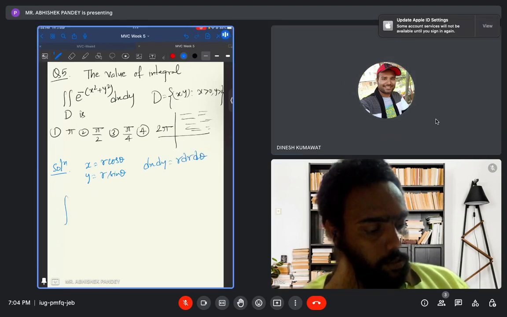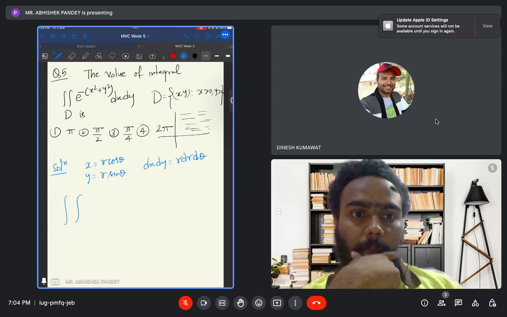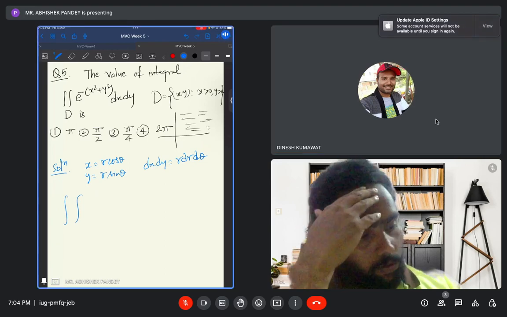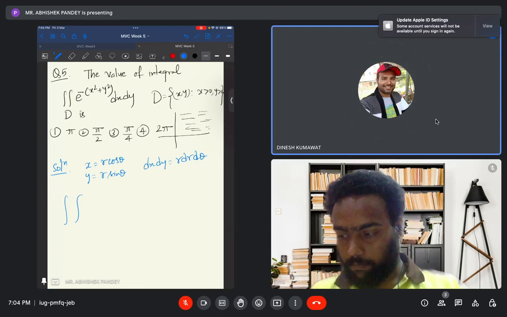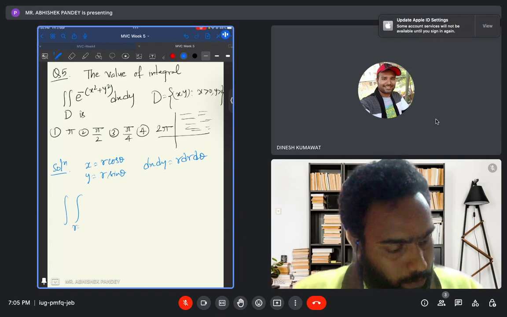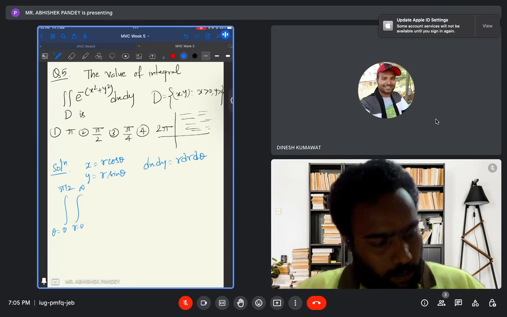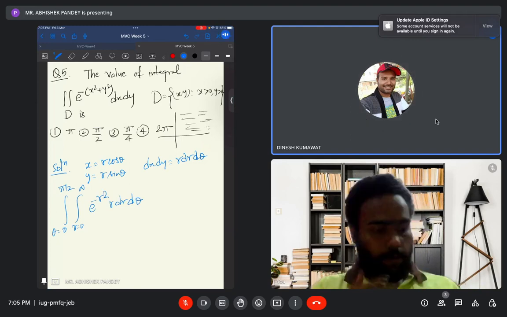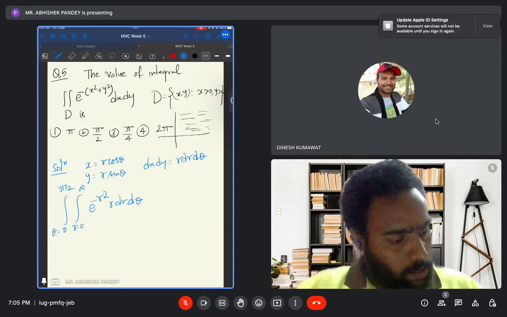Since x is positive and y is also positive, theta will run from 0 to pi by 2 and r will run from 0 to infinity. So we have e to the power minus r square r dr d theta. Now this is easy to integrate. Take r square equal to some constant, and this will become pi by 4.